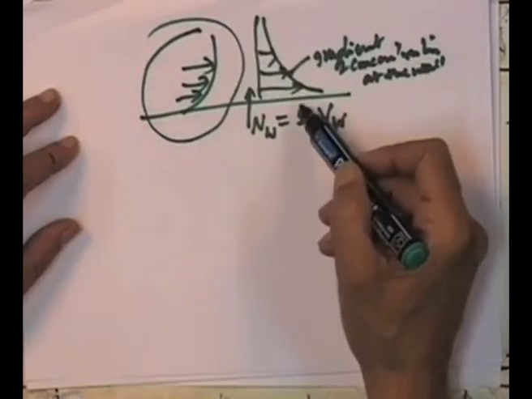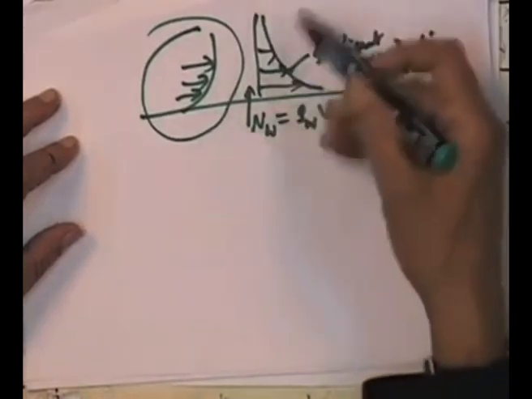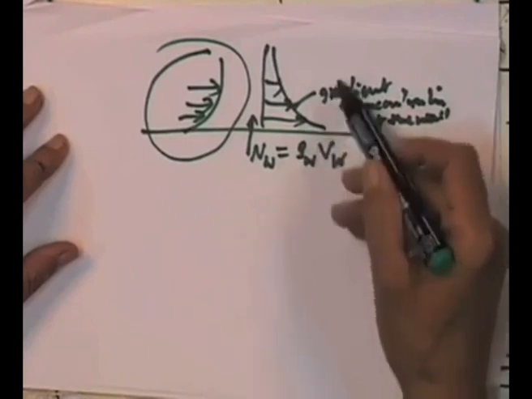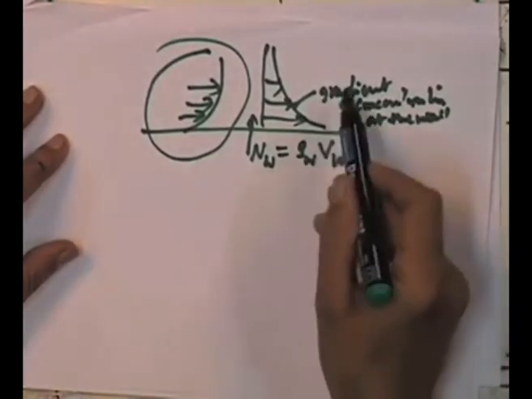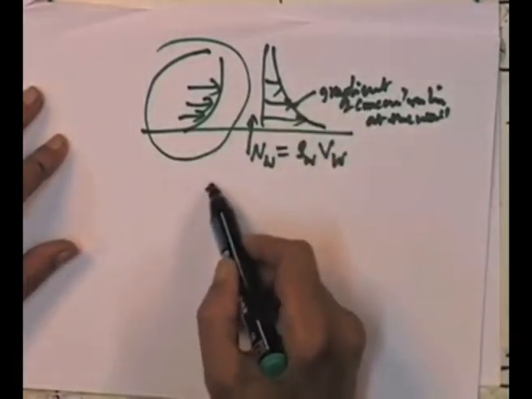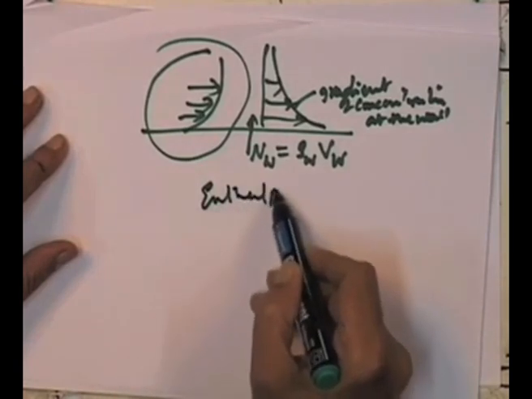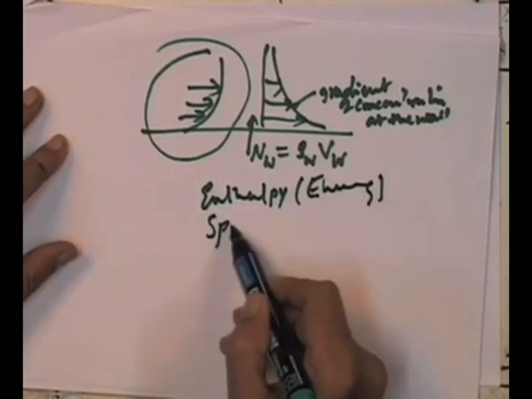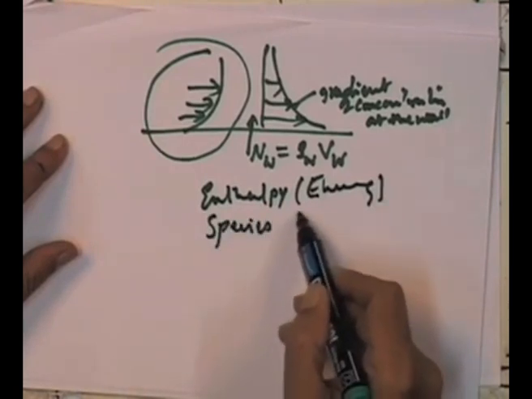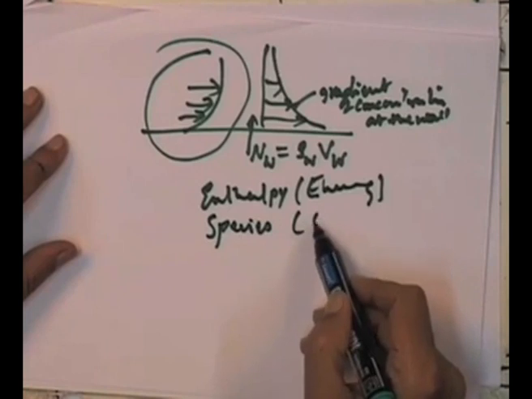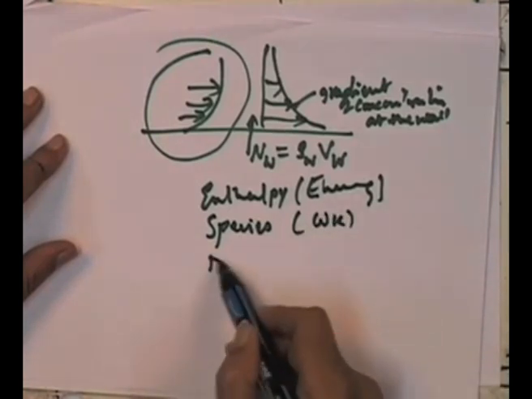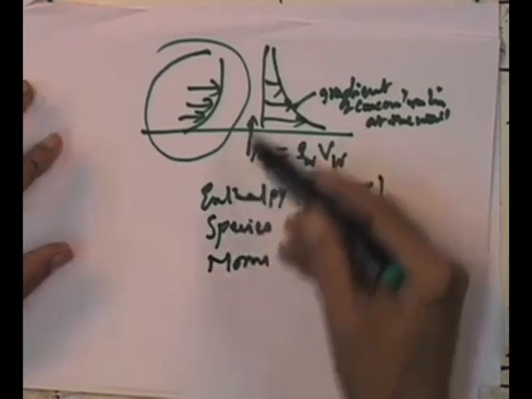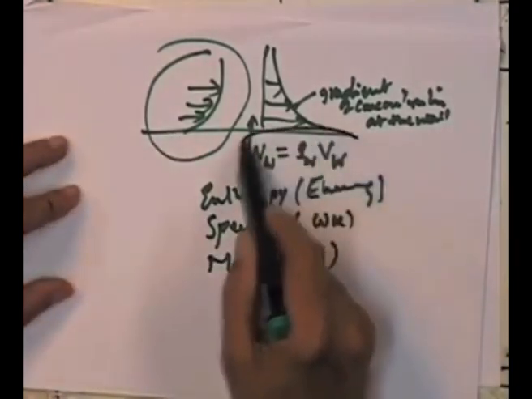And if the energy equation was present and if heat transfer was also present, then you would have to solve the temperature equation or the enthalpy equation along with it. And all the three equations, the enthalpy equation or the energy equation, the species equation for omega k, and the momentum equation for u are always coupled through this boundary condition.